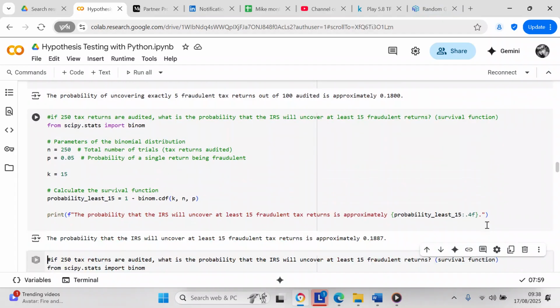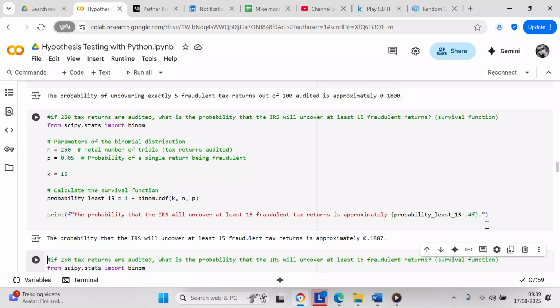So the next question we have with regard to tax returns is, if 250 tax returns are audited, what is the probability that the IRS will uncover at least 15 fraudulent returns? And this is the survival function. So we're going to set up the parameters.